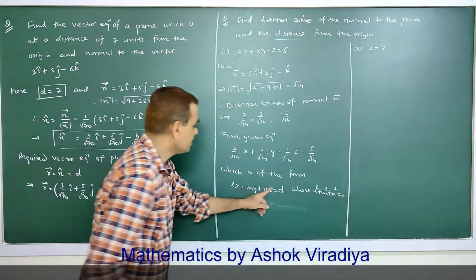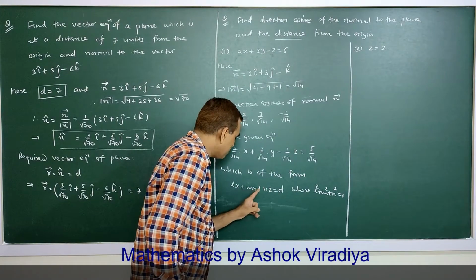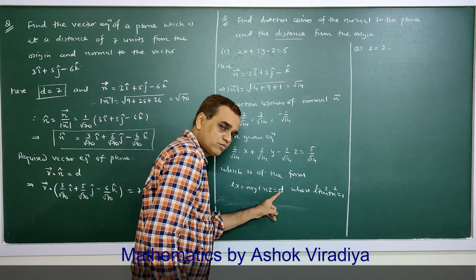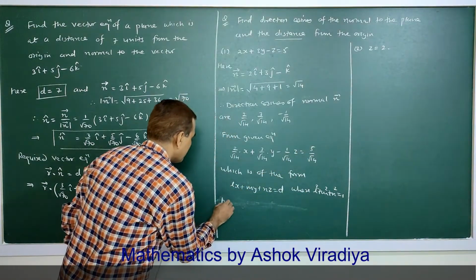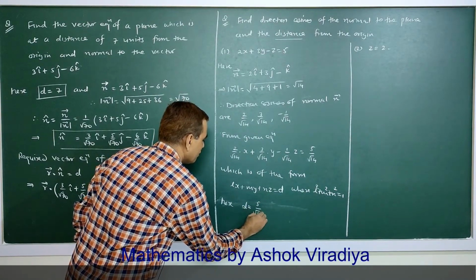If the equation is given in this form such that the sum of squares of these three numbers is 1, if this number is positive, then and only then this is a distance. So here the distance from origin is 5 by root 14.